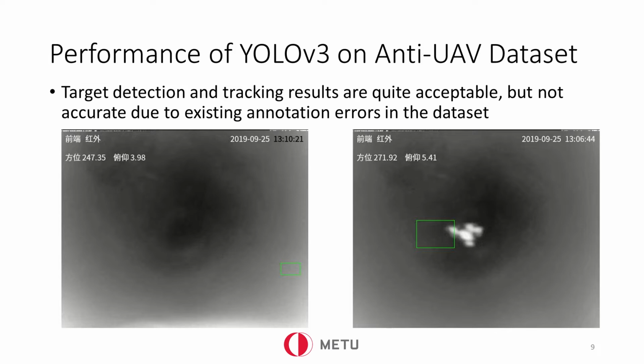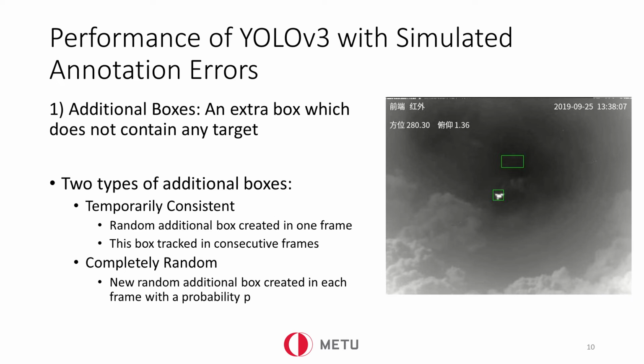So, in order to measure the effect of the annotation errors, we have decided to make some experiments. We have tried to simulate different types of annotation errors. The first type is additional boxes, where there is an extra box on a frame and it does not contain a target. There are two types of additional boxes tried in the research.